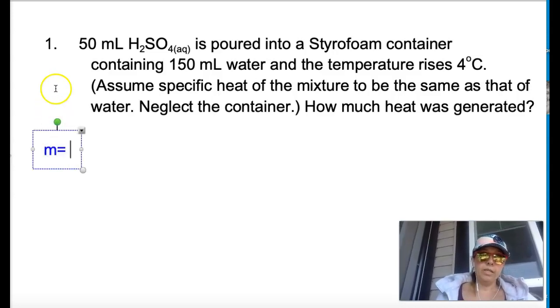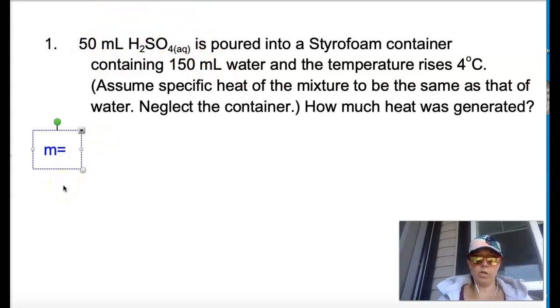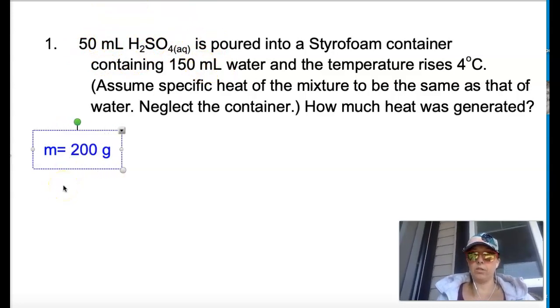Mass-wise, if I had 150 mL of water in my container and then poured 50 mL into it, I now have a total of 200 mL. So my mass is going to be 200 grams.